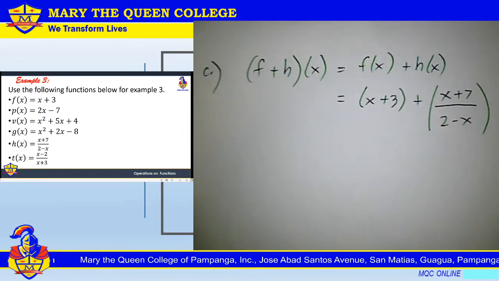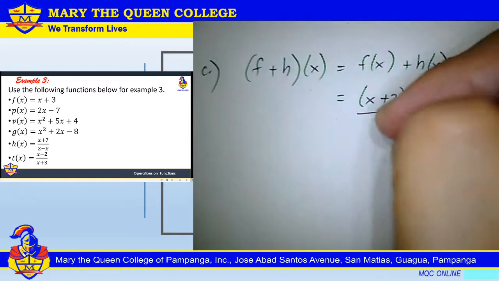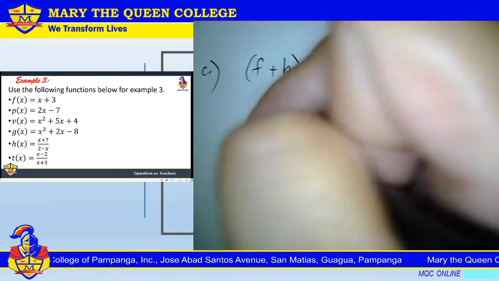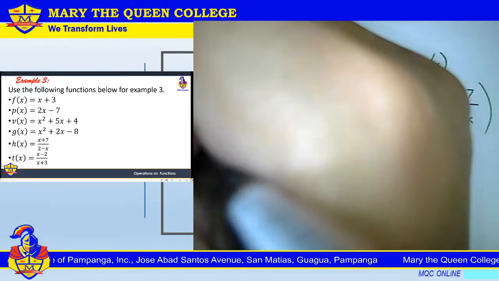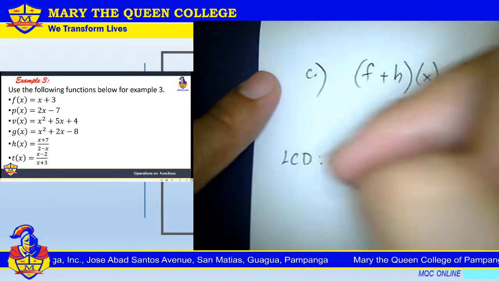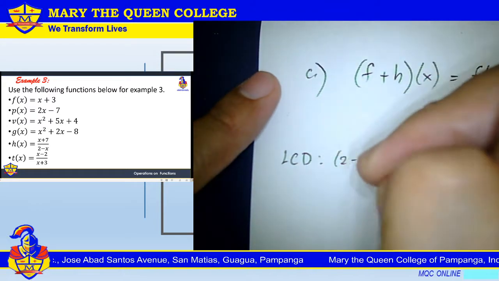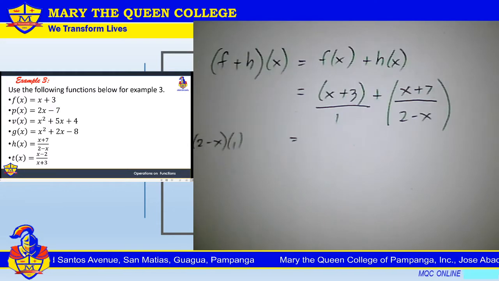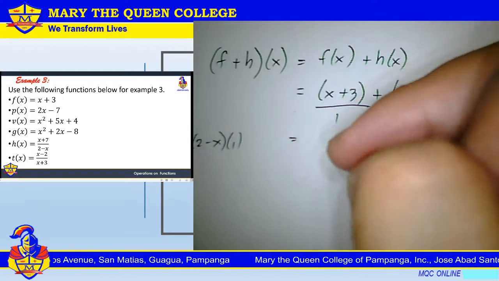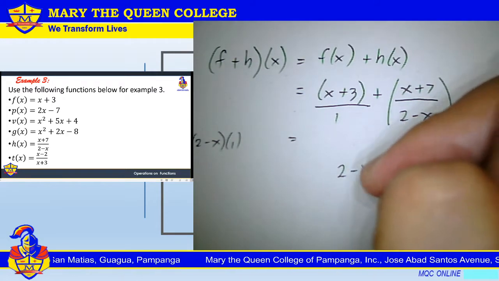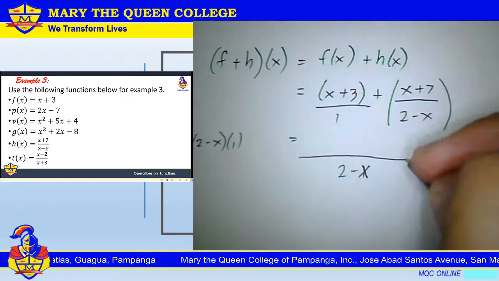Class, understood, this is over 1. Based on our rules in algebra, we have to get the least common denominator. Our LCD would be 2 minus x times 1, or simply 2 minus x.